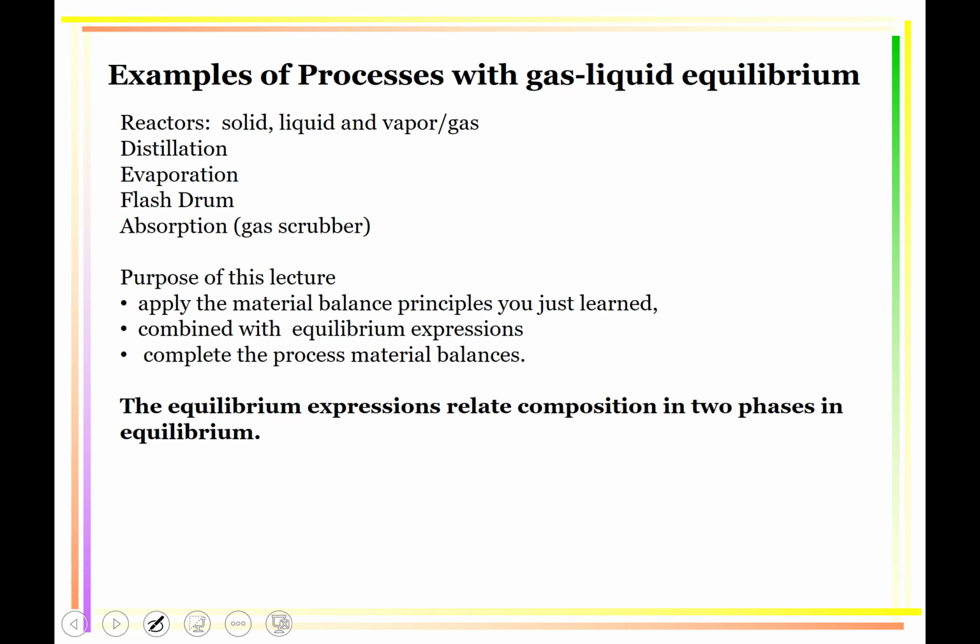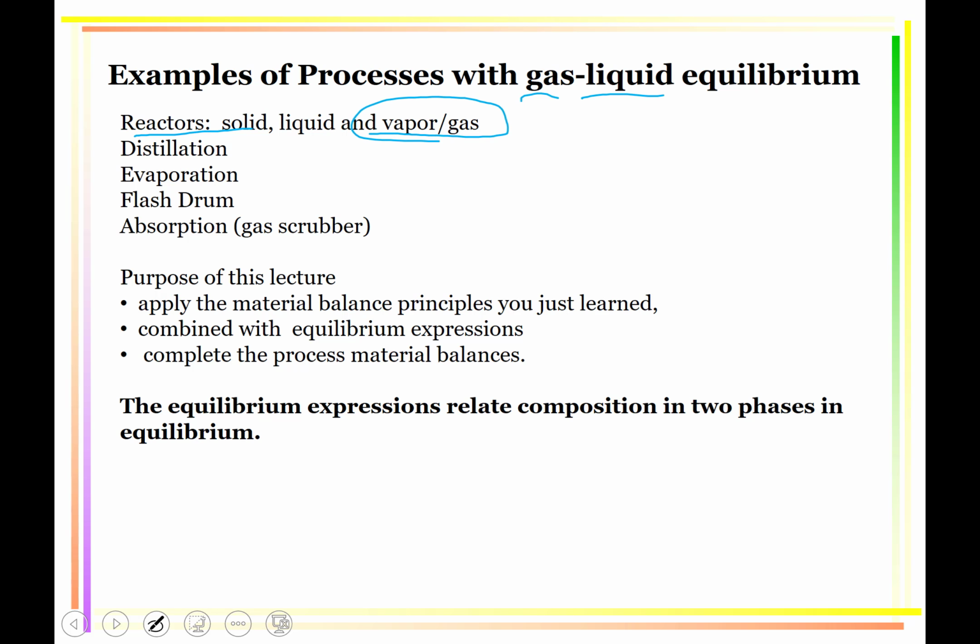So there's a lot of different processes in chemical engineering that have two phases. In this particular lecture, we are focusing on a gas phase and a liquid phase, and we assume they're in equilibrium, otherwise we cannot do any calculations. So this happens in reactors, okay?